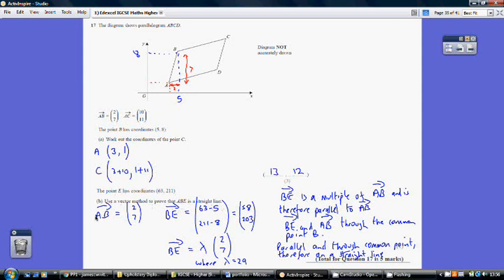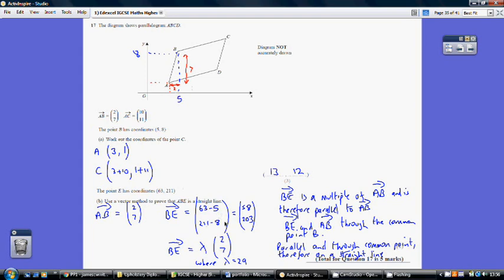Okay, now the vector from A to B, as we know, is (2, 7). Now going from B to E, so B all the way up to E, we're just going to have to take our (63, 211) and take away what our coordinate is for B, which is our (5, 8).